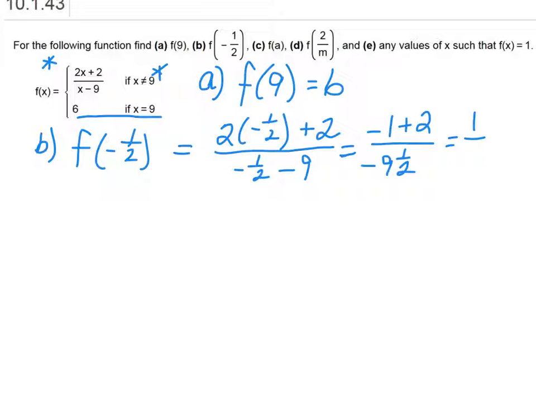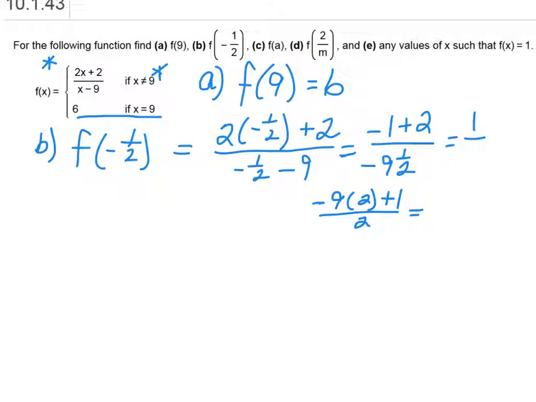But because negative 9 and 1/2 under a 1 looks, let's admit it, kind of strange, we're going to have to perform a little magic on this. So negative 9 and 1/2, if you remember the way that you convert this to an improper fraction, negative 9 times 2 plus 1 over 2 will give us negative 9 times 2 is negative 18.